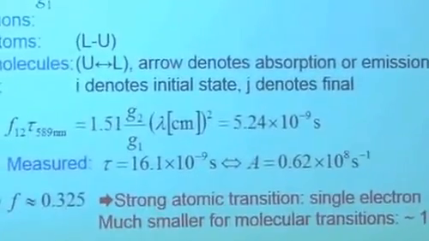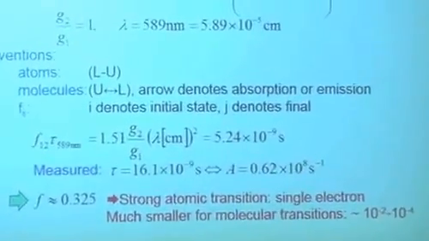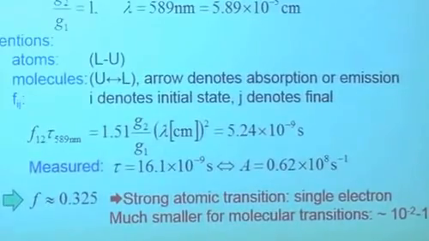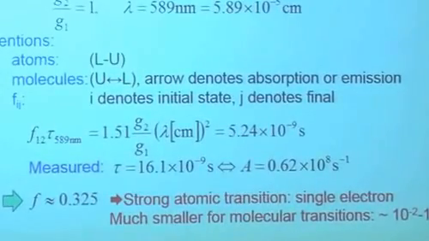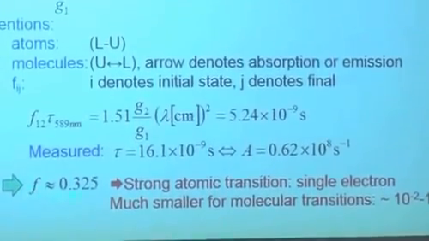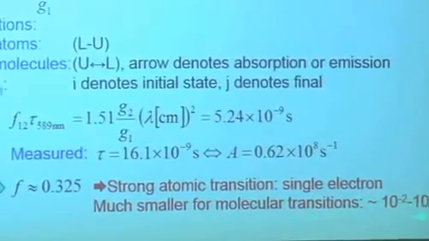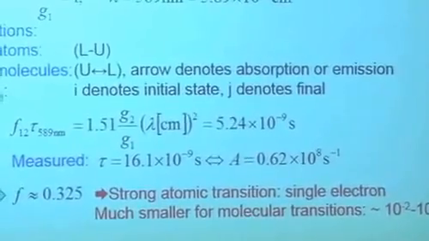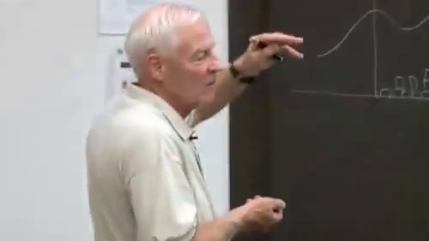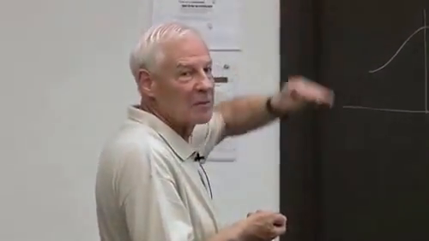If I take this atom, which is an alkali metal, it's the closest you get to a pure electron. So it's not a surprise that when I solve for the oscillator strength, I get 0.3. If you do this for molecules, you get numbers like 10 to the minus 2, 10 to the minus 4, 10 to the minus 5. Molecules are well removed from a free electron oscillating up and down.